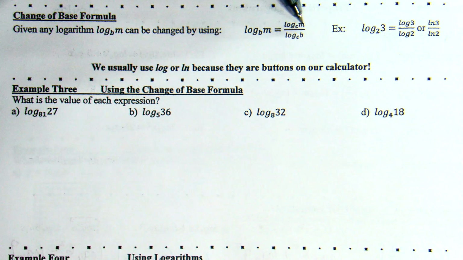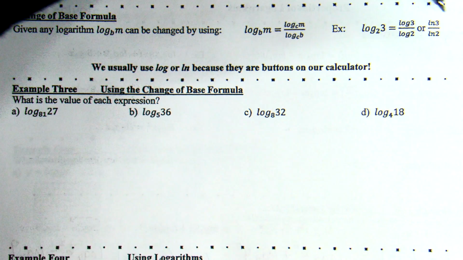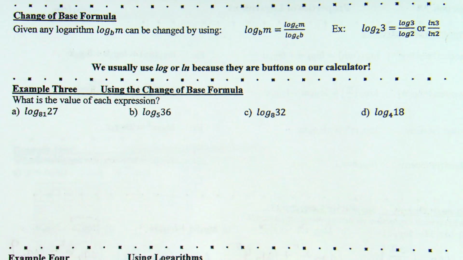Now, the key is basically log of m divided by log of b. That c, where did that c come from? You can pick whatever base you want as long as it's the same base. Now, I told you guys we were going to have the calculators for parts of what we're doing today, right?